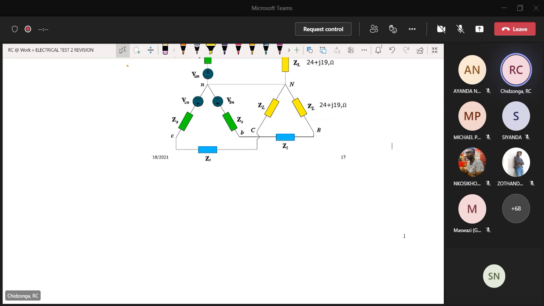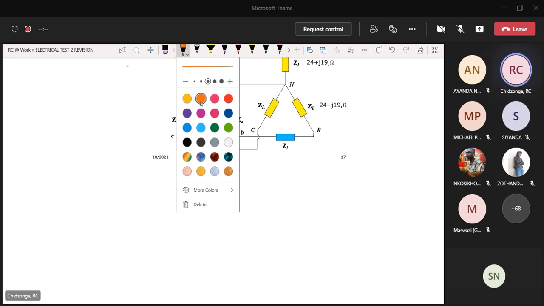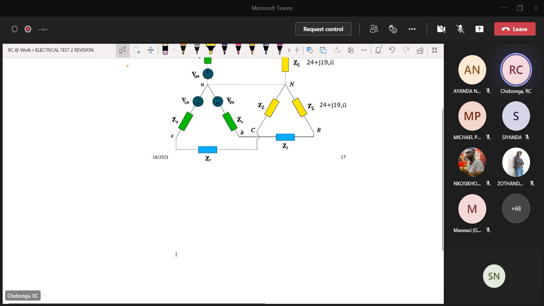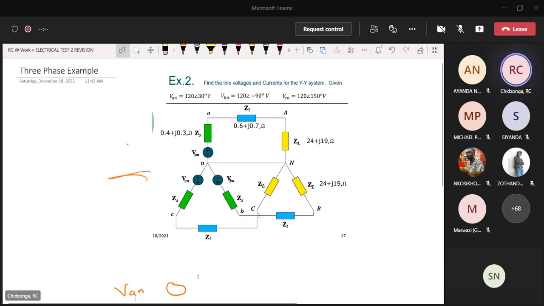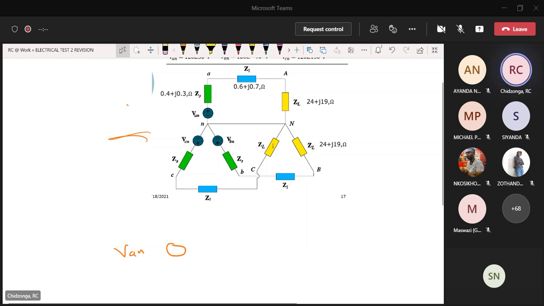We are going to look at what is happening in one phase. Right? So in phase AN, here, this source, we'll see that there is an internal impedance. The internal impedance is 0.4 + j0.3.